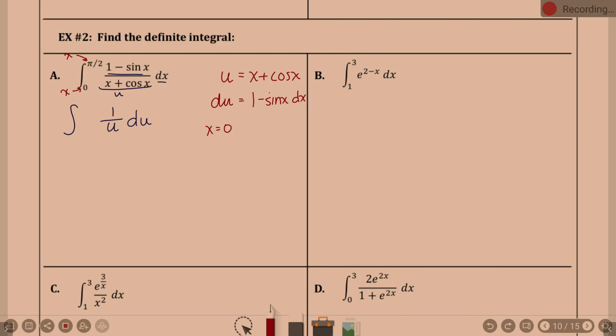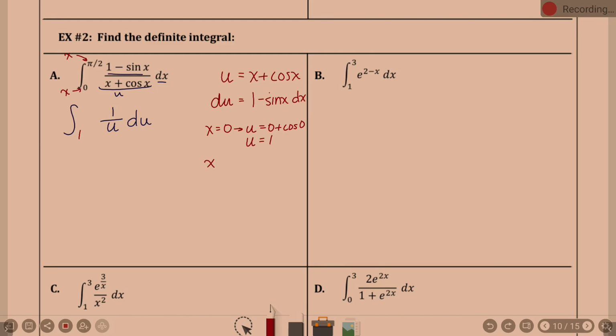When x is 0, what's the definition for u? U is x plus cosine x, so 0 plus cosine of 0. Cosine of 0 is 1. So my bottom bound becomes 1.